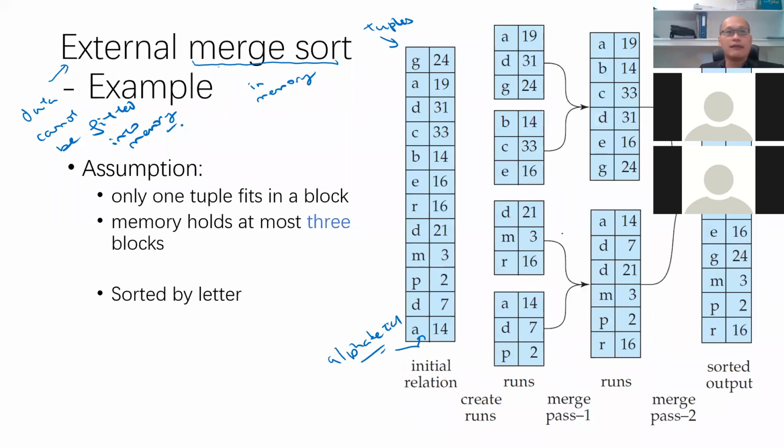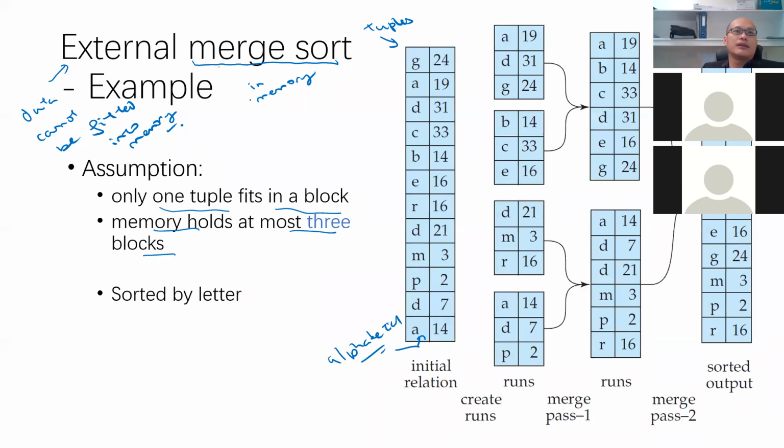I also have a few other notes here: one tuple is at most 1 block, and the memory holds at most 3 blocks.